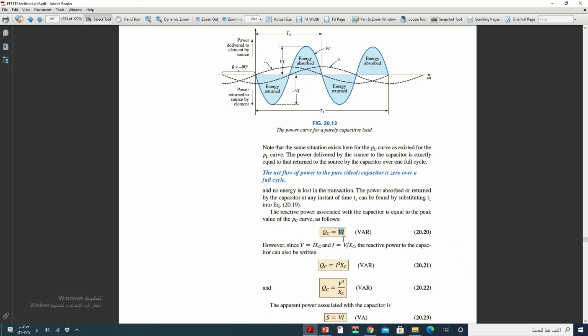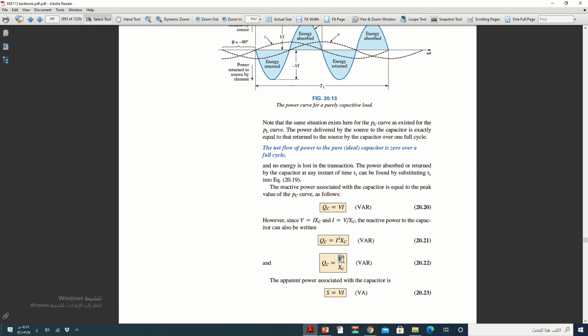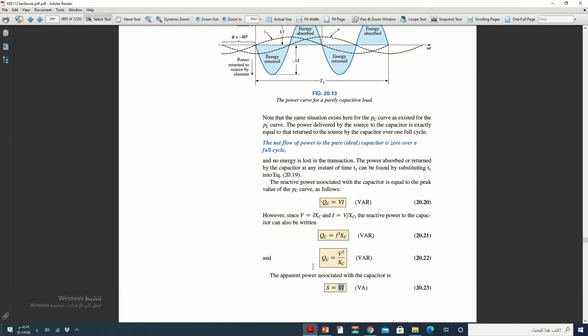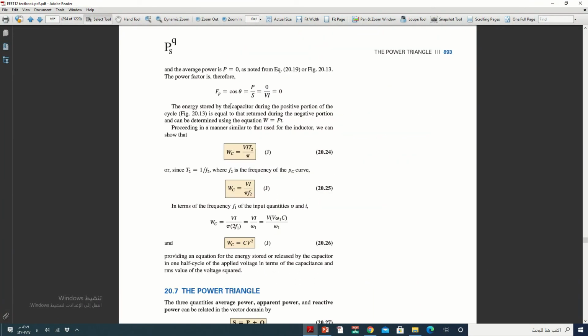We can say V multiplied by I, or I square multiplied by XC, or V square divided by XC. The apparent power, which is V multiplied by I, is similar to the inductor. The power factor in a pure capacitive load is 0, because there is no active power in a pure capacitive load.